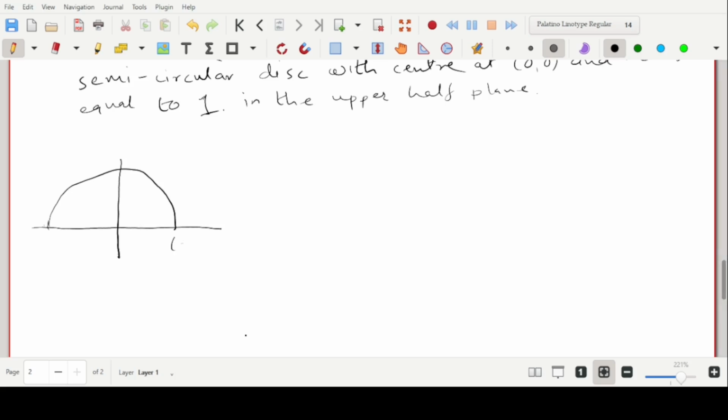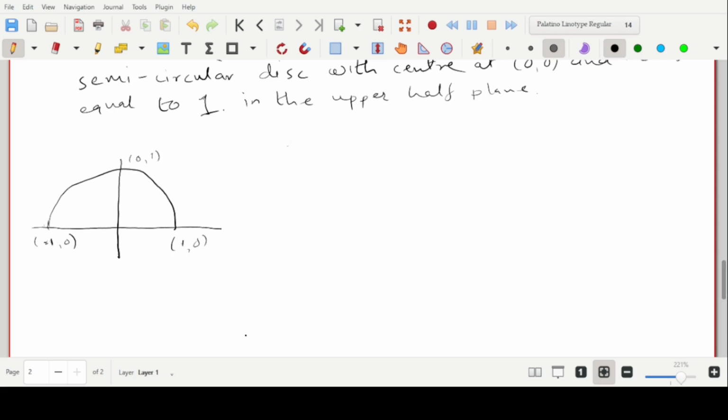This is 1 comma 0, this is 0 comma 1, and this is negative 1 comma 0. So let us substitute here now.